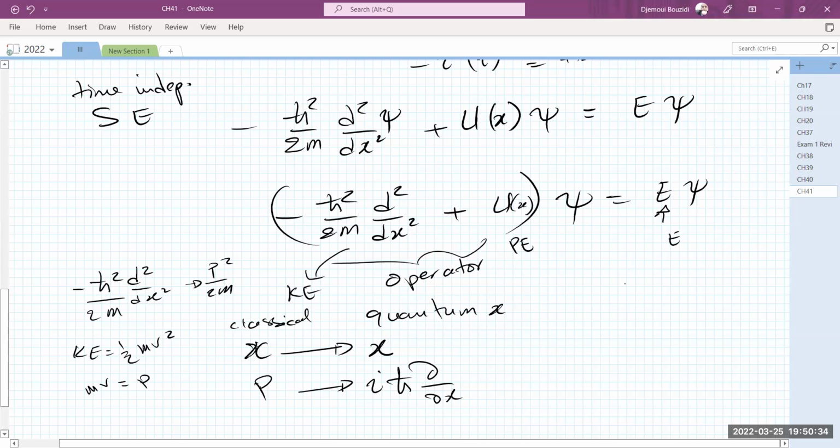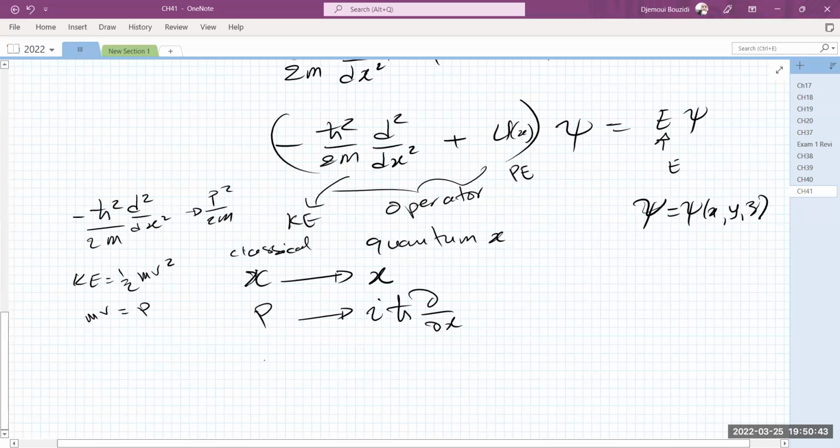The function psi itself, and we're going to see it shortly, could depend on x, y, and z. So if I'm doing it for the y position, for example, I'm going to leave the y the same, but the momentum, so this is the momentum in the x direction. The momentum in the y direction should also look like this term.